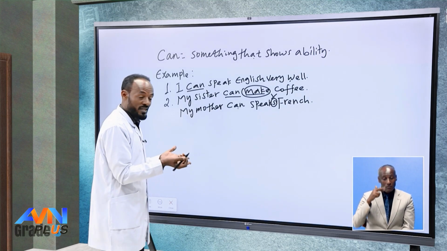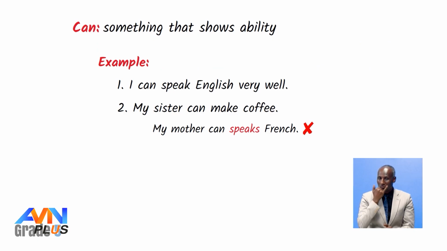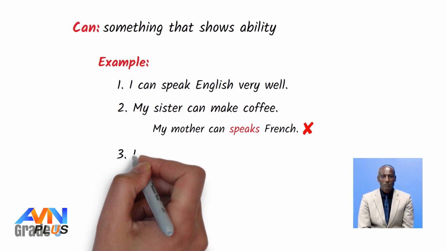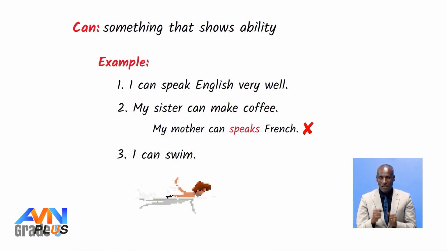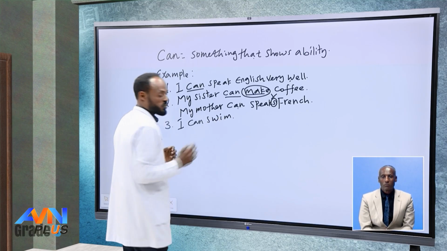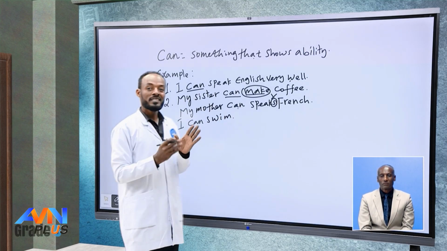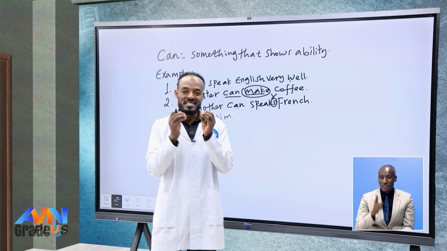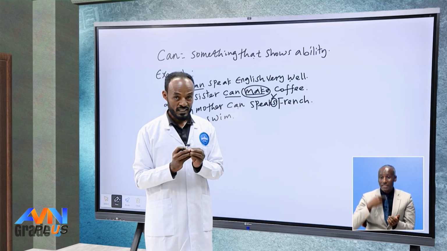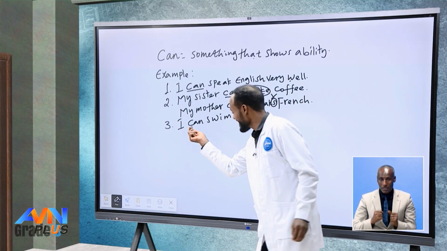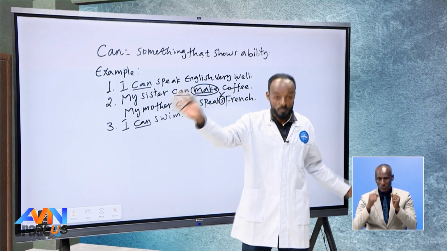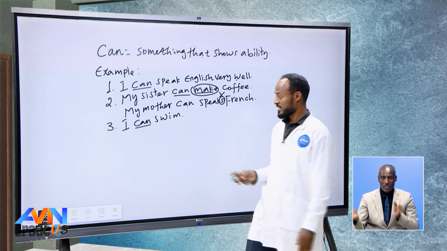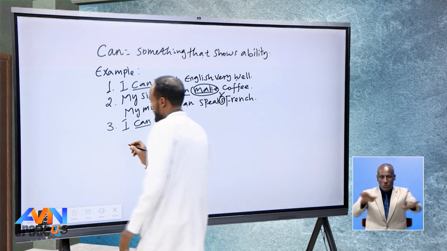We can also use it for something which we do generally. We can say I can swim. This is what we call present ability. Is it clear? Nice. Look, in this sentence, the word can shows ability, as you can swim, okay? Nice.